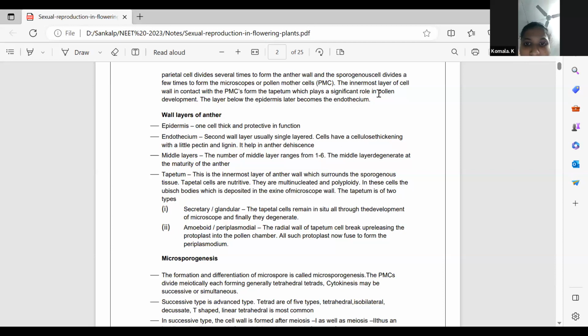The innermost layer of cells of the anther wall forms the tapetum, which plays significant roles in pollen development.